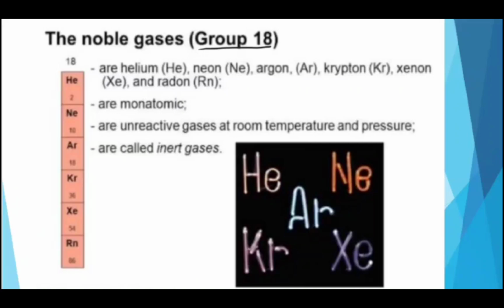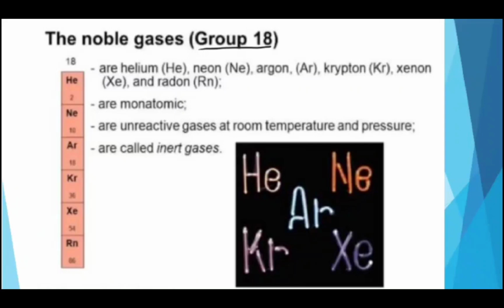And we also say that the group is also known as group 0, as there is no further capacity of their outer shell to gain or donate any kind of electrons. So the 0 capacity, hence group 0 also.